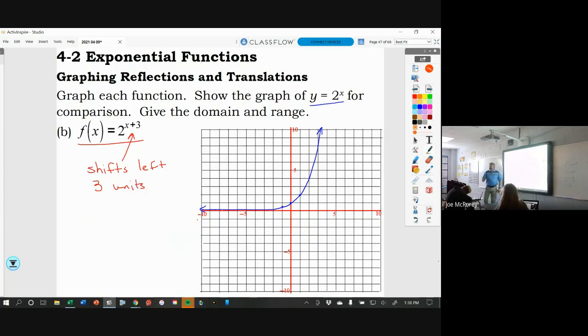Remember I said if something's in some kind of a grouping, it's gonna be backwards from what it looks like? Let's think about this. X plus 3 is kind of trapped. X plus 3 is a group. It's an exponent. We're changing the input value. So every point on that blue graph needs to be shifted 3 units to the left. The ones in blue need to be shifted 3 to the left to give me the red graph.